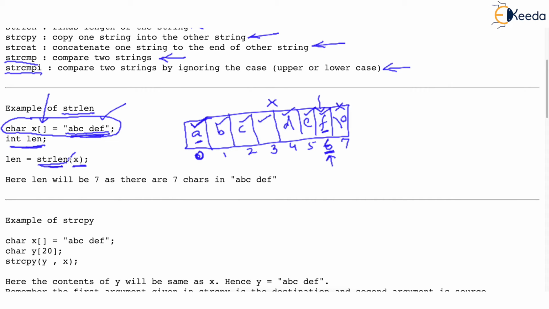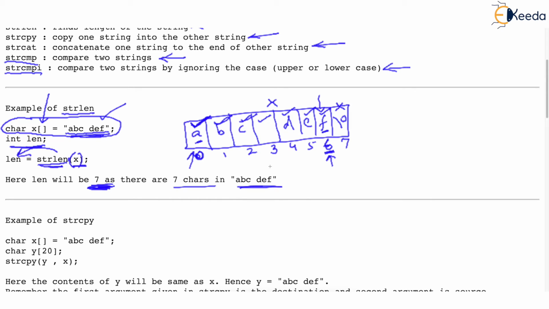In the bracket what we have given is a string, that is an array of characters, and strlen simply starts counting how many letters are there in the string from the beginning, but it counts letters from 1. So the 0th index letter is counted as 1, then 2, and so on. In this example, 7 will be the value of len, as there are 7 characters in A, B, C, space, D, E, F.